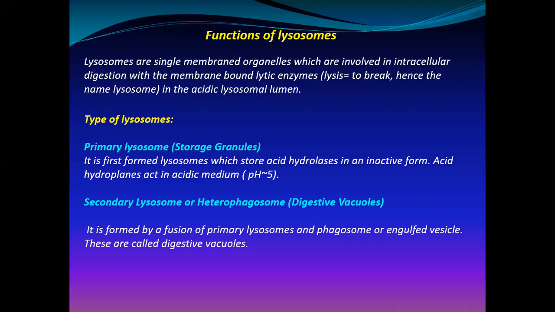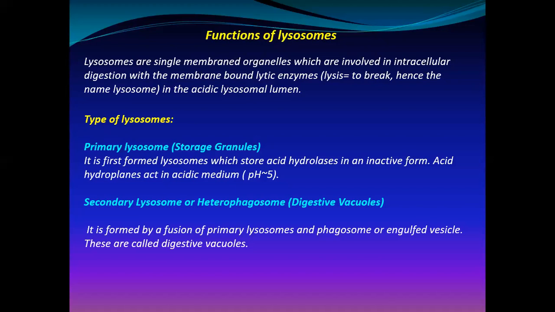It is the first formed lysosome which stores acid hydrolases in an inactive form. Acid hydrolases act in acidic medium, so the pH is approximately 5 or less than 5, like 4.5. The primary lysosome is the storage compartment, that is, it stores the enzyme.